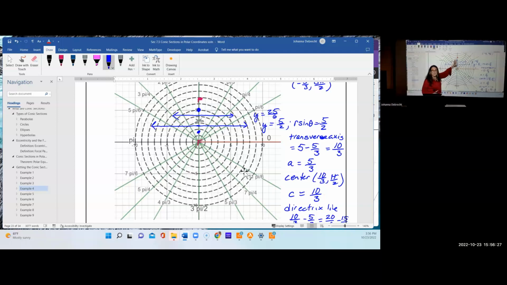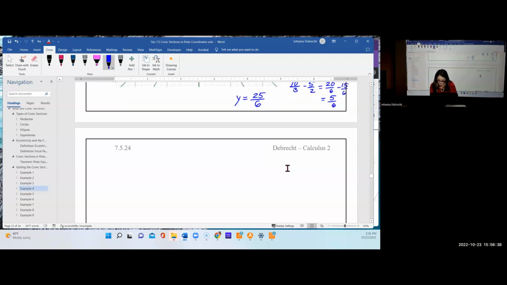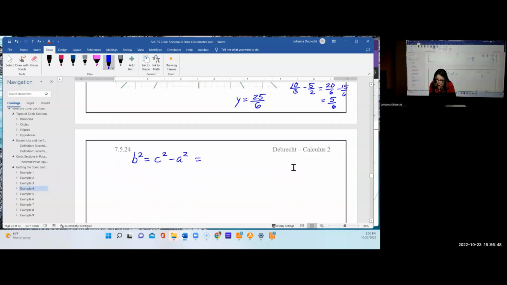And remember, we're going to find the minor vertices by using the values of A and C. But for a hyperbola, C is longer than A, so it becomes C squared minus A squared. So we're going to locate B squared by computing C squared minus A squared. Now, A squared is going to be 5/3 squared.